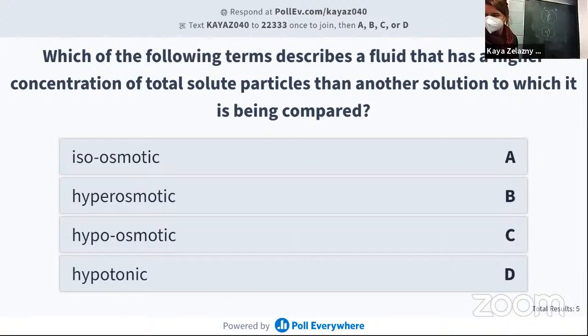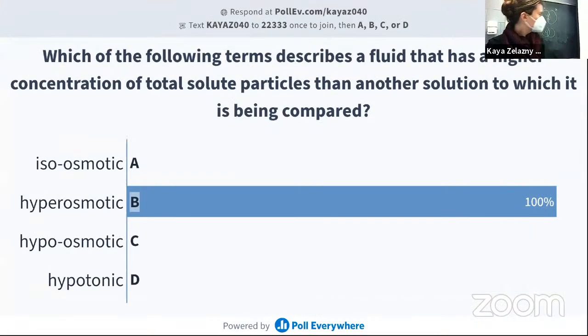Okay, take another second or so. Great, yeah, hyperosmotic. Just that situation we are talking about. We have more solute particles dissolved in that solution. You want to remember the difference here between osmolarity and tonicity, right?